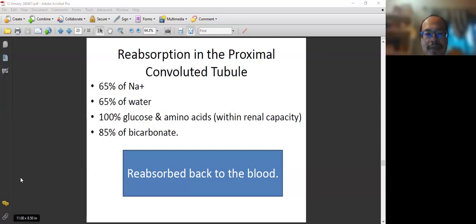Water follows the concentration gradient, follows the osmolarity. So when you reabsorb the solute, water will follow it. We also reabsorb 85% of the bicarbonate. So that's the main thing. In the proximal convoluted tubule, the main job is to reabsorb those good things back to our body.